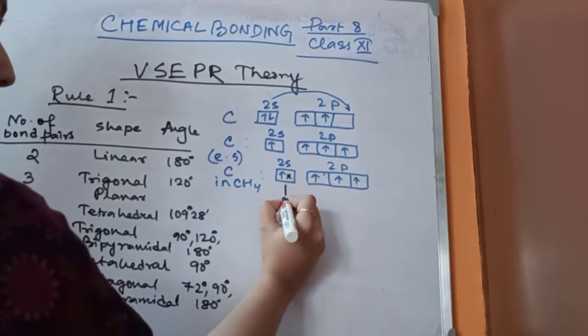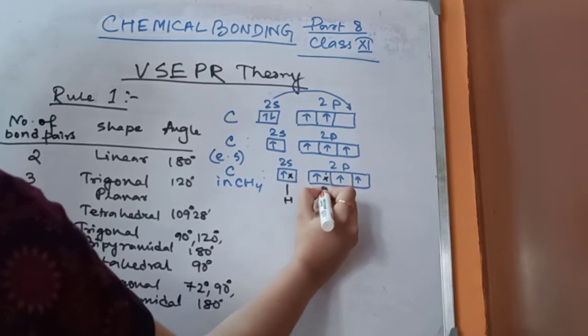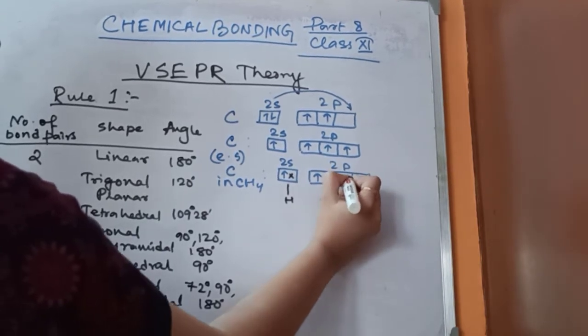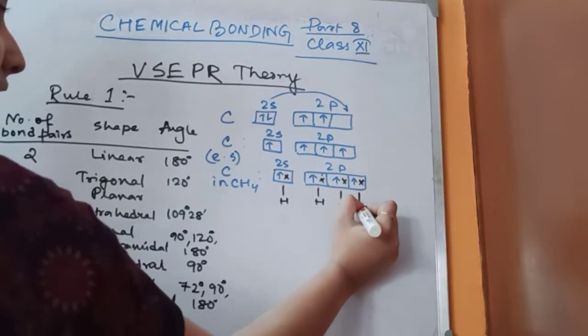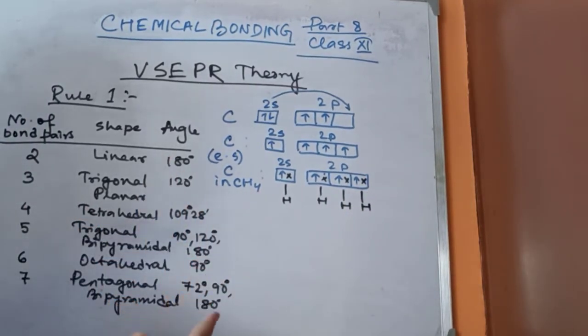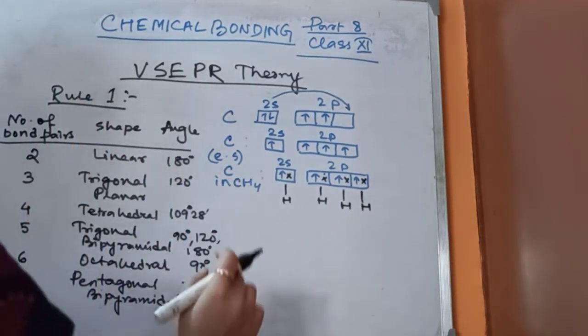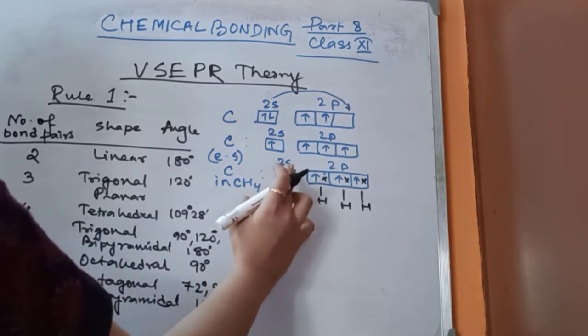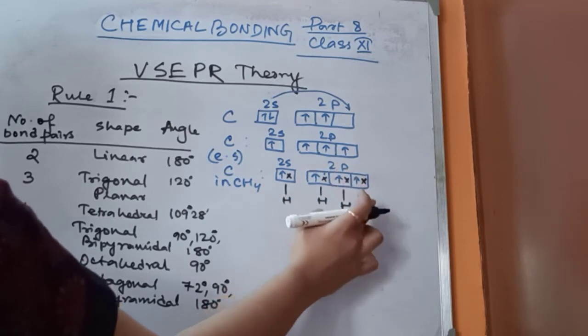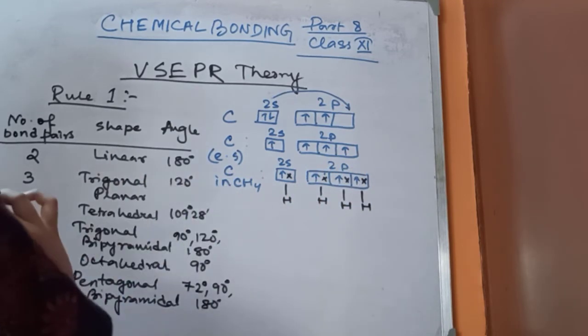Four hydrogens. You know that each hydrogen has one valence electron. So 4 hydrogens will share one electron with the carbon.